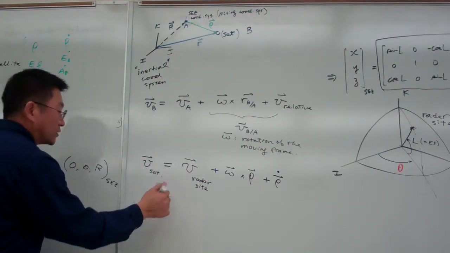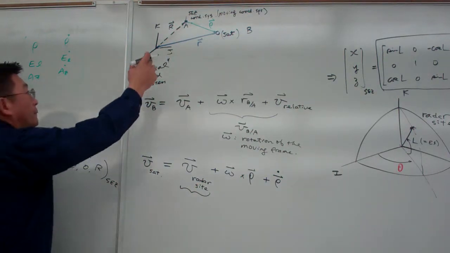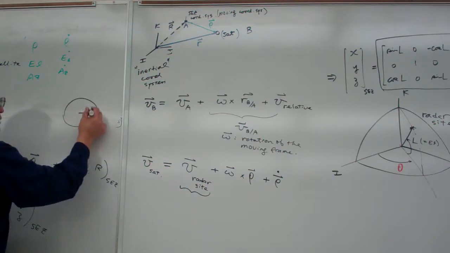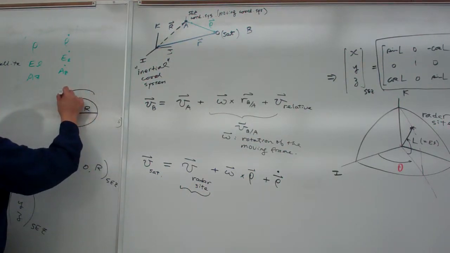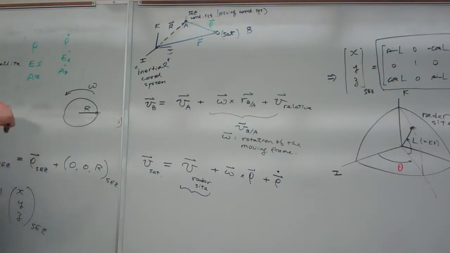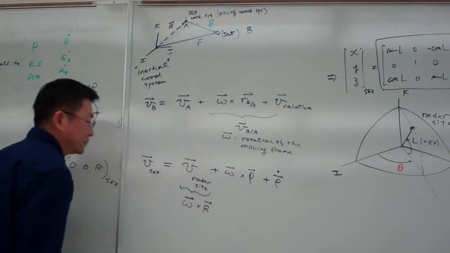So basically, this radar site, this is a sphere, and this is the radius, and that is the angular velocity omega. So the radar site is here and has the tangential velocity. Got it? Okay, so this basically is omega multiplied with r.